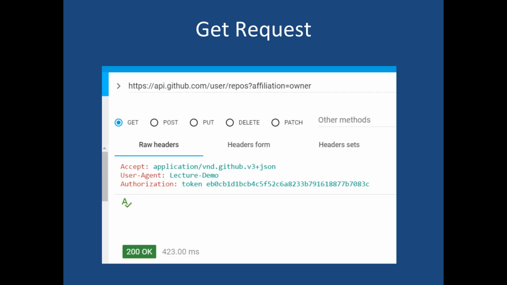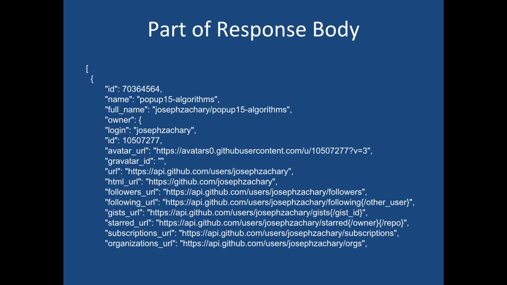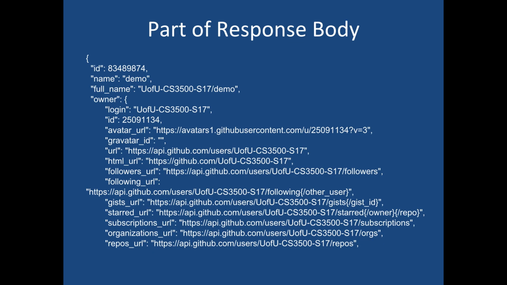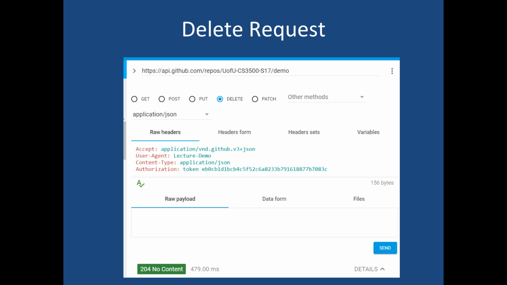And these slides just contain screenshots of similar kinds of requests. So there's a typical GET request. That's part of the JSON response that comes back. We saw that in the Advanced REST client. There's an example of a POST request, and you can see the body is down here. It's just a JSON object being sent. There's part of the response that comes back. There is a delete request.